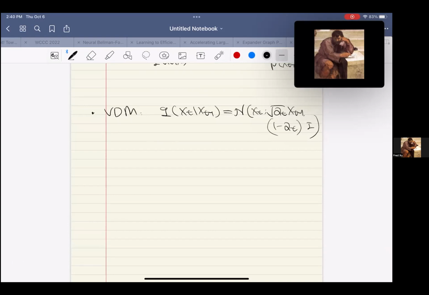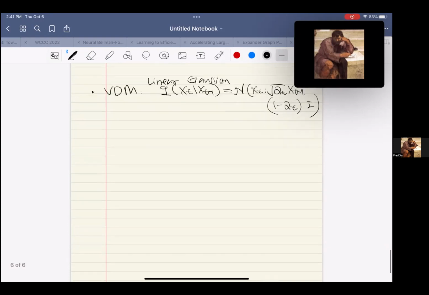This kind of model is normally known as a linear Gaussian model, right? And the good property of normal random variables is that we can use what is known as the reparameterization trick. It's a term people use to control the amount of noise you want to inject at each step.